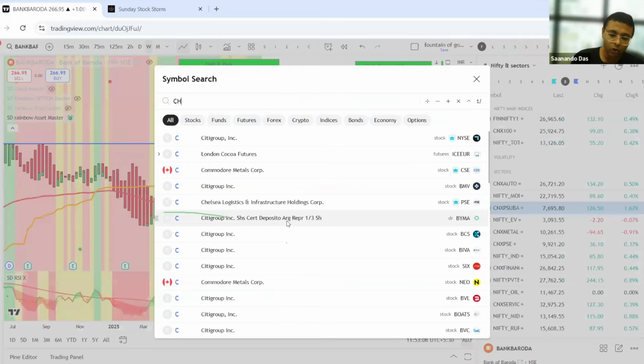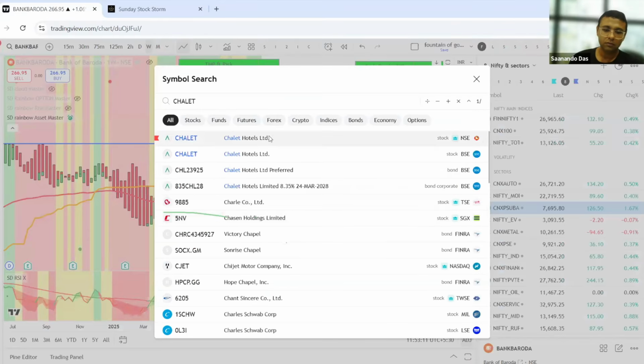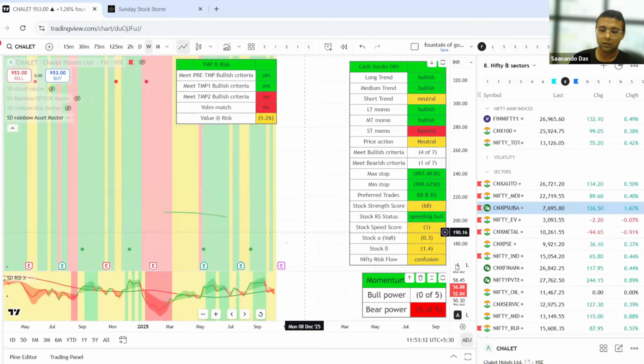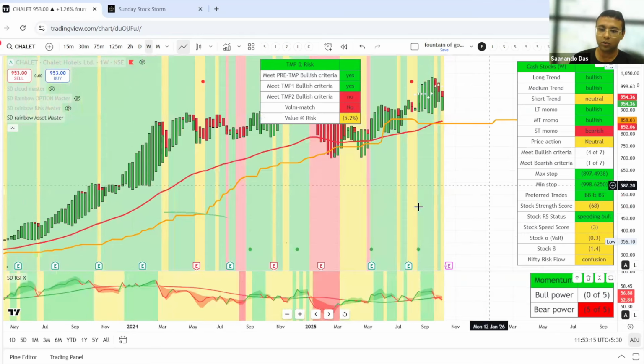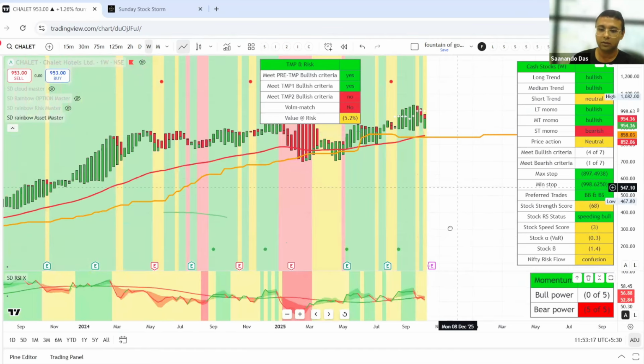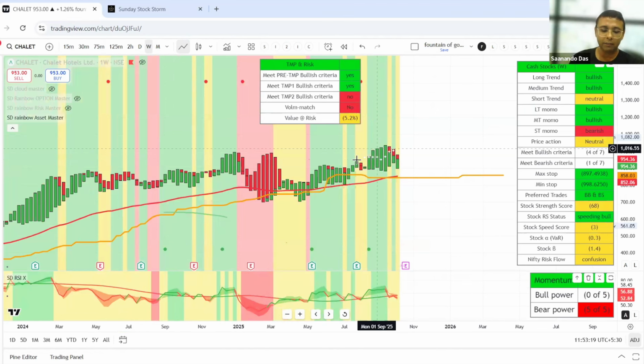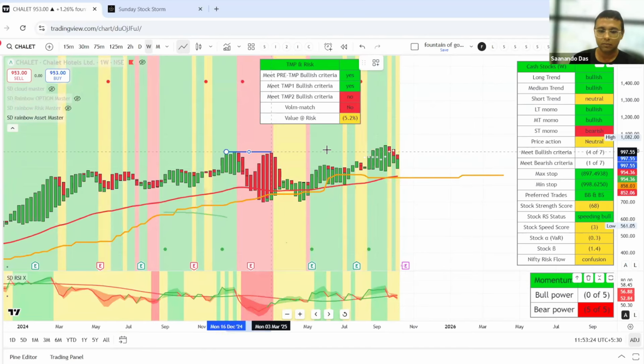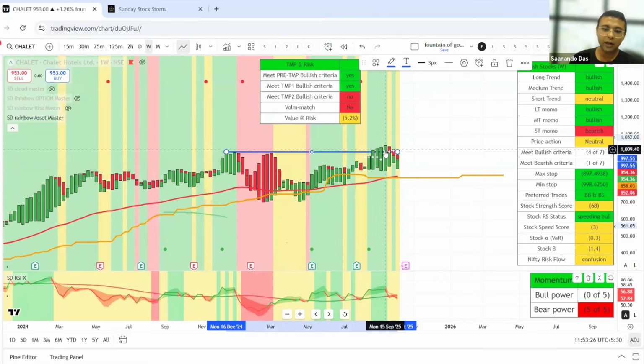Next is Chalet Hotel. This stock, let's look at, not so great. This breakout attempt failed.